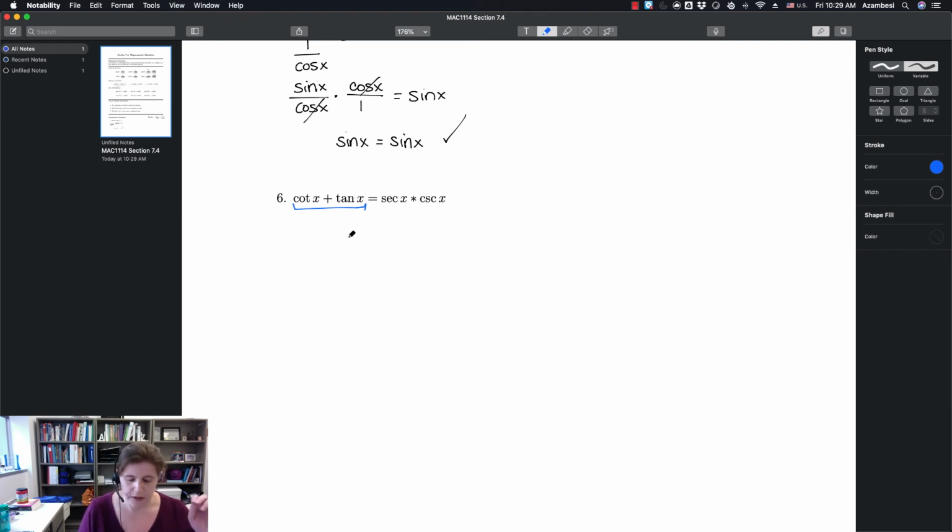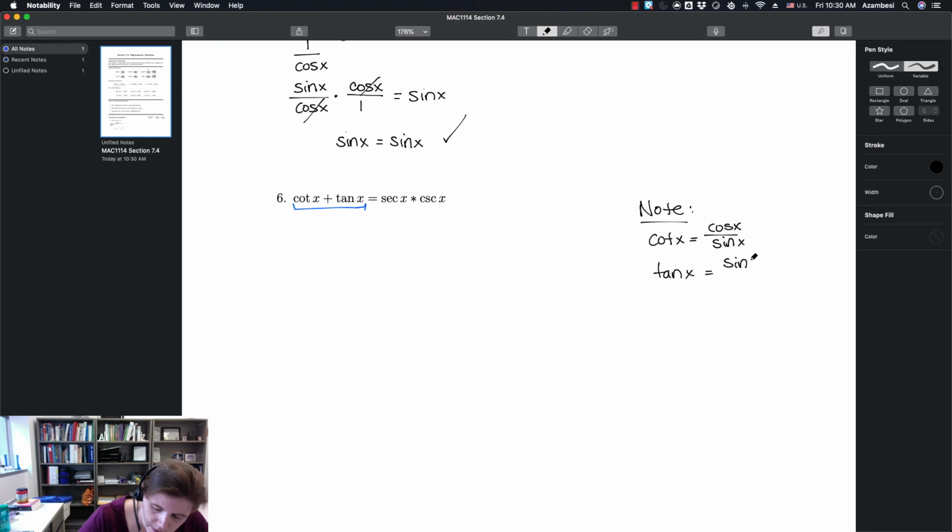All right, so let's strategy, sines and cosines. There's no identity that deals with cotangent plus tangent, so I'm going to go with sines and cosines and see if we can make something work. As far as our identities that we're using, cotangent of x is equal to cosine of x over sine of x, and tangent of x is equal to sine of x over cosine of x.